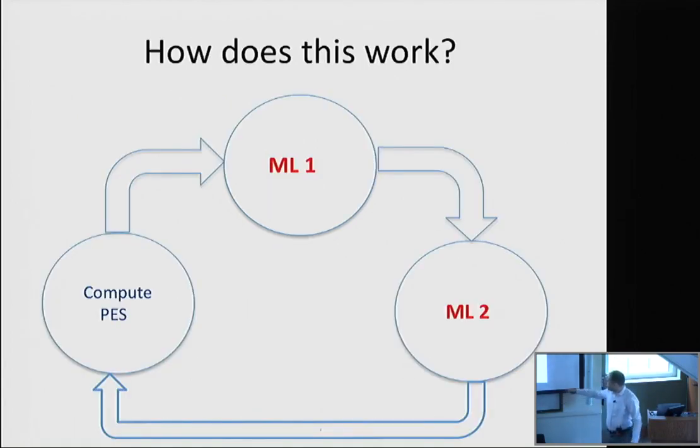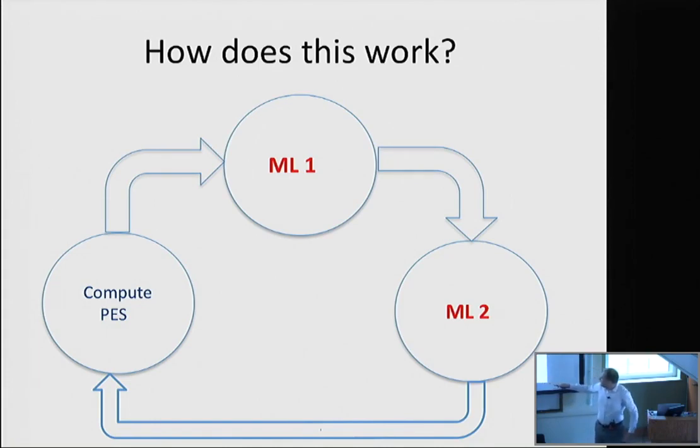We construct a multi-layer machine learning model. We're going to use one machine learning model for the potential energy surface itself, and then we're going to use another machine learning model for the observables. So this machine learning model is going to be a function of this machine learning model, and this is what we're going to be after at the end of the day. We're going to want to produce the accurate machine learning model of the potential energy surface.